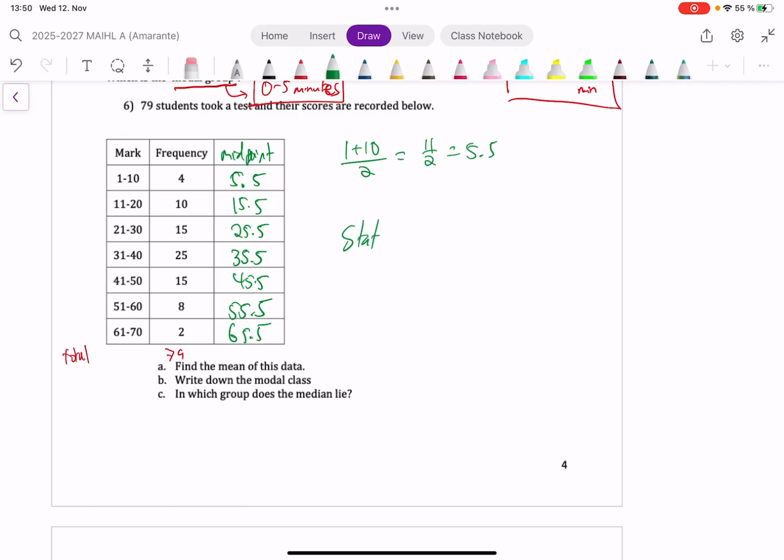So at this point, I can go to the calculator, right? Again, I'm going to go to stats1 variable. I'm going to enter D1 and D2, where D1 is my scores, the midpoints, right? That's D1. Over here is D2, the frequency. I need to make sure that the frequency is on in the symbol, right?